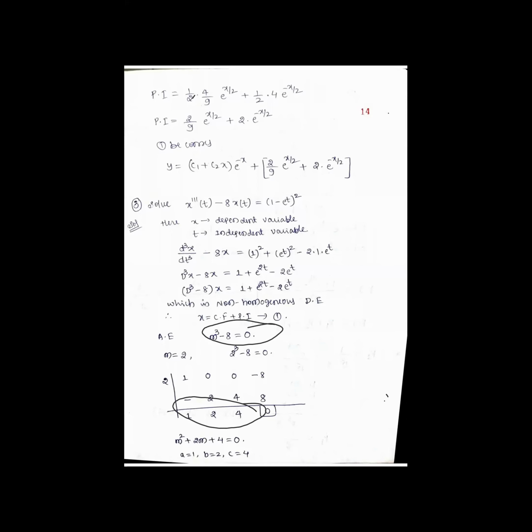Because of that, go for the quadratic formula: minus b plus or minus square root of b square minus 4ac divided by 2a. Please try to substitute and get the answer.